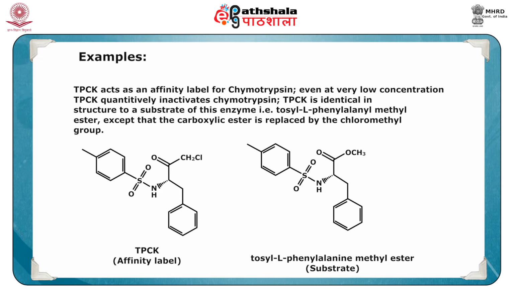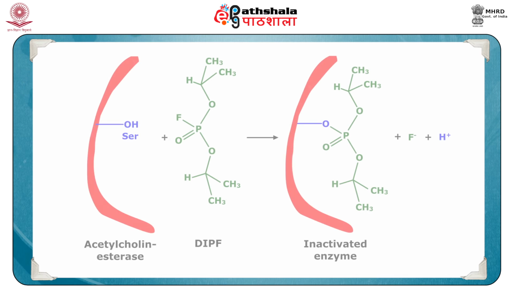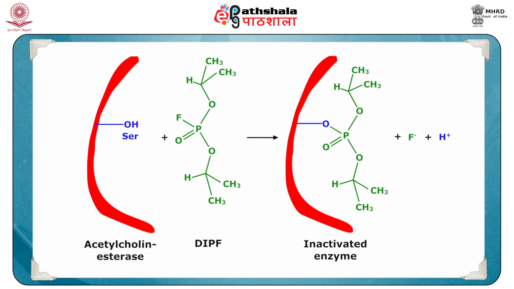TPCK has an active chloride group which, on binding to the enzyme, covalently alkylates an important residue, leading to the inactivation of the enzyme.